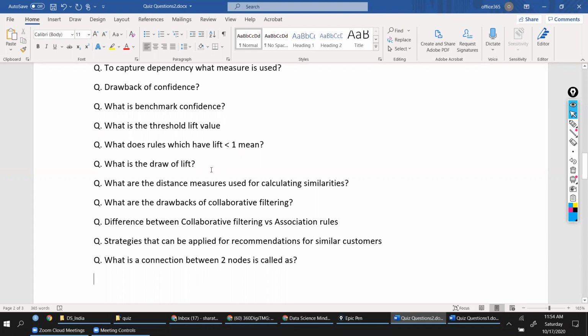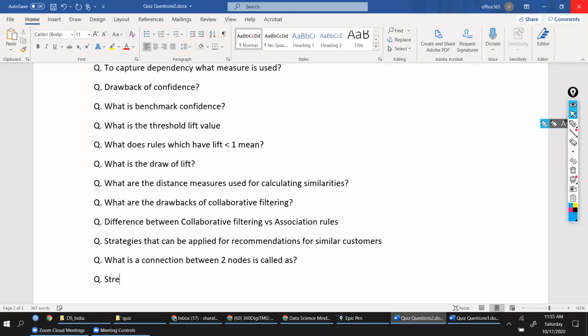Edge is the right answer. We are talking about edge. Very good. So the connection between two nodes is called an edge, and the nodes themselves are called vertices. Right? So we'll have an edge matrix.